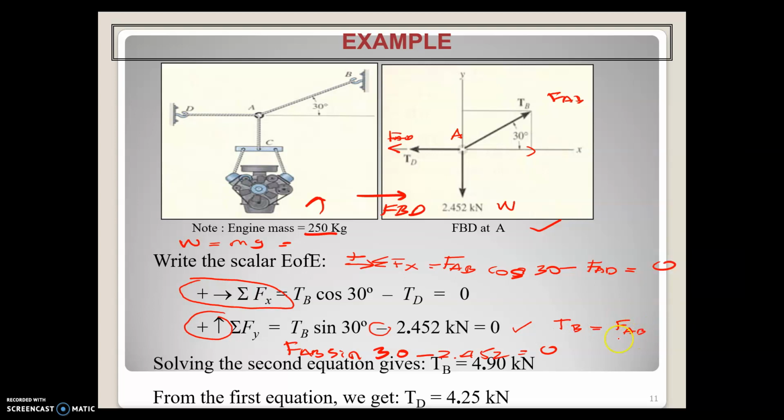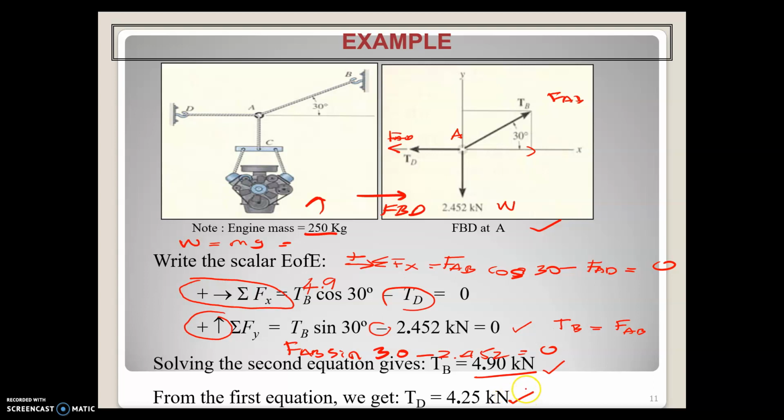Dapat force AB, that is equal to 4.9 kilonewton, and then baru you masukkan this value kepada summation of Fx equal to 0 tadi. Okay, kat sini 4.9. Then you dapat you punya TD. Alright. So you have for your tension D is equal to 4.25 kilonewton.